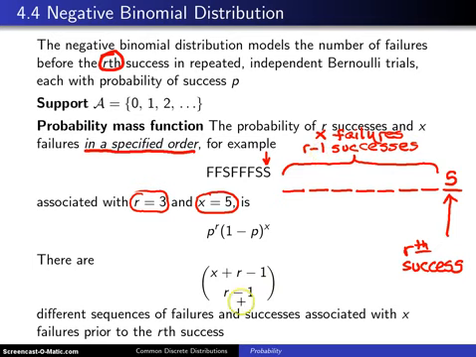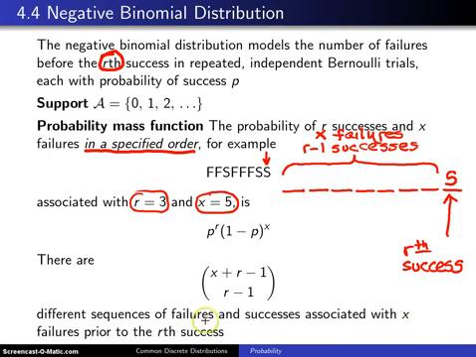And in those x plus r minus 1, we have to somehow distribute either our r minus 1 successes or our x failures. You could put either one down here, but I'm going to go ahead and put down the r minus 1 successes, and that is the number of different sequences of failures and successes associated with x failures prior to the rth success.